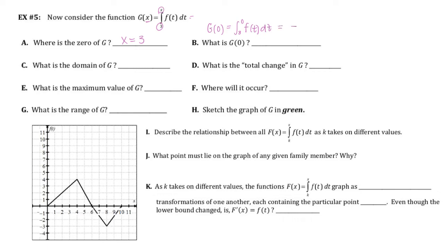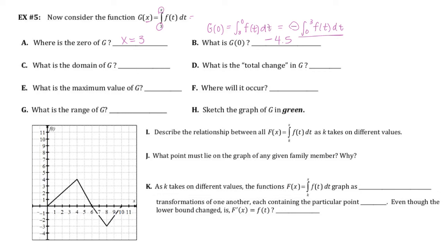So that's going to be negative the integral from 0 to 3 of f(t) dt. We found that earlier: if you look back up, we found that value from here to here. That's 4.5, but this negative is going to make it negative 4.5. So we need to be careful that we realize that the 0 of g is not necessarily 0 itself.